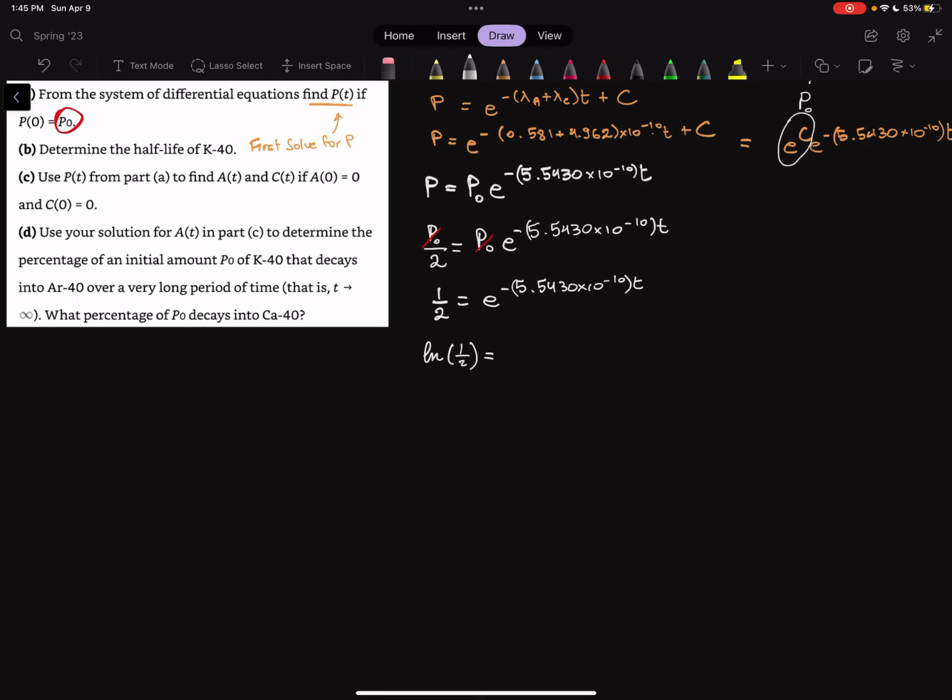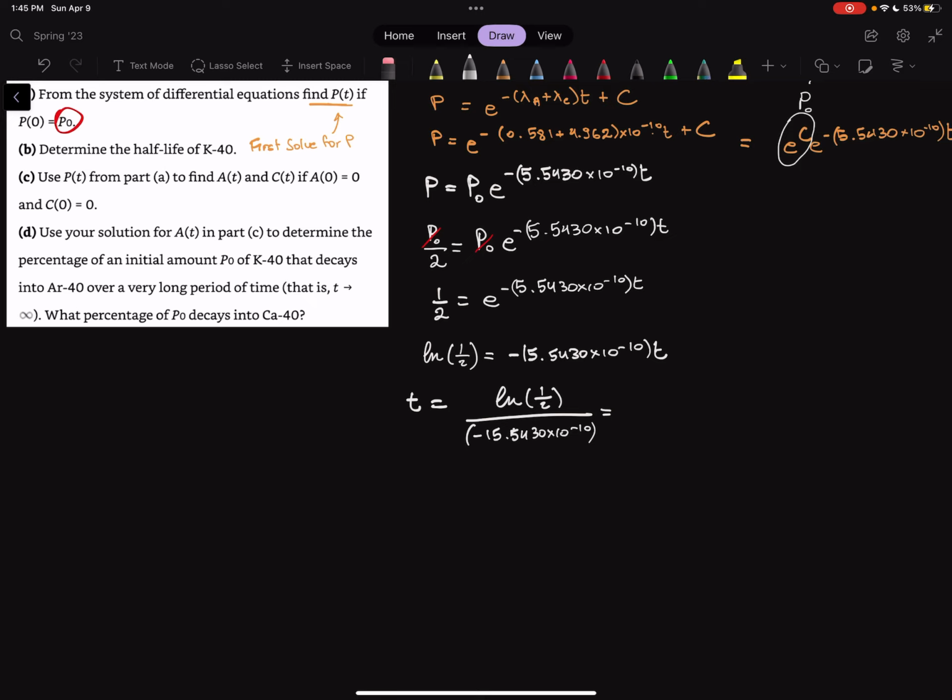What power do you need to raise e to get to e to the negative 5.5430 times 10 to the negative 10 times t? Well, that power. So that is negative 5.5430 times 10 to the negative 10 times t. So you can solve for t now by dividing by this.